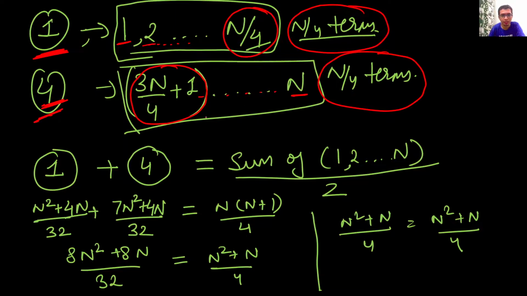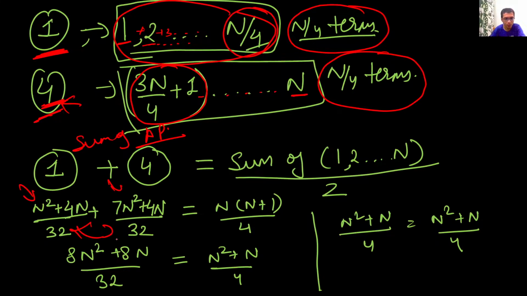Now, using the sum of AP formula, I can add all these numbers 1 plus 2 plus 3 and so on till n by 4 and get this value, n square plus 4n by 32. Similarly, I can solve it for part 4 and get this value, 7n square plus 4n by 32. And if I add these two, I'll get n square plus n by 4.